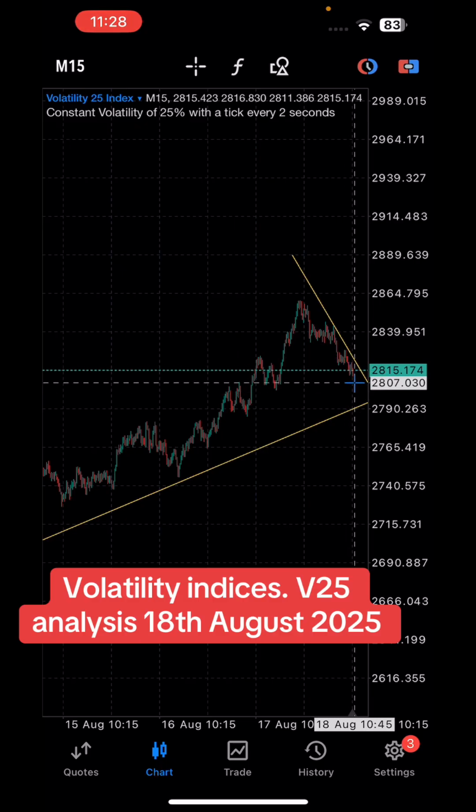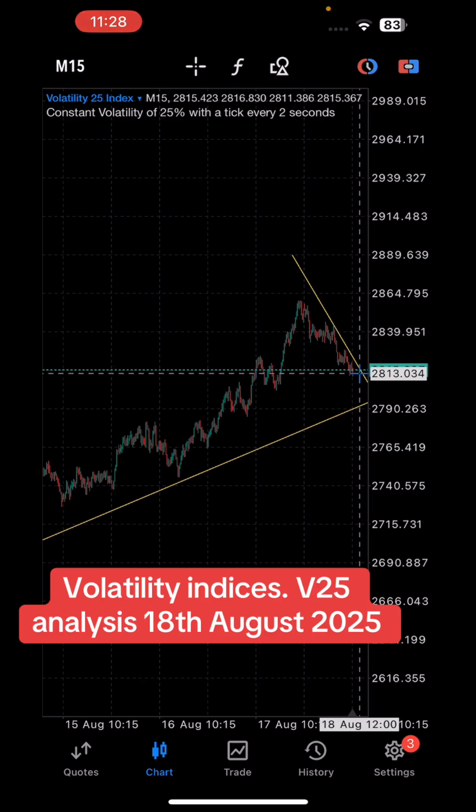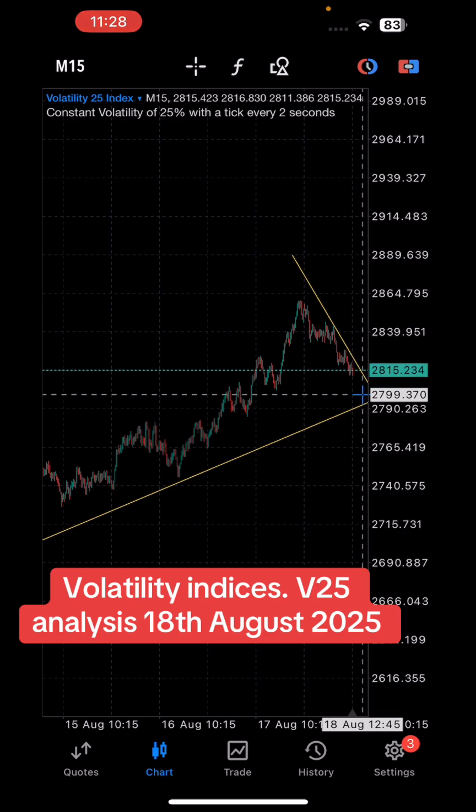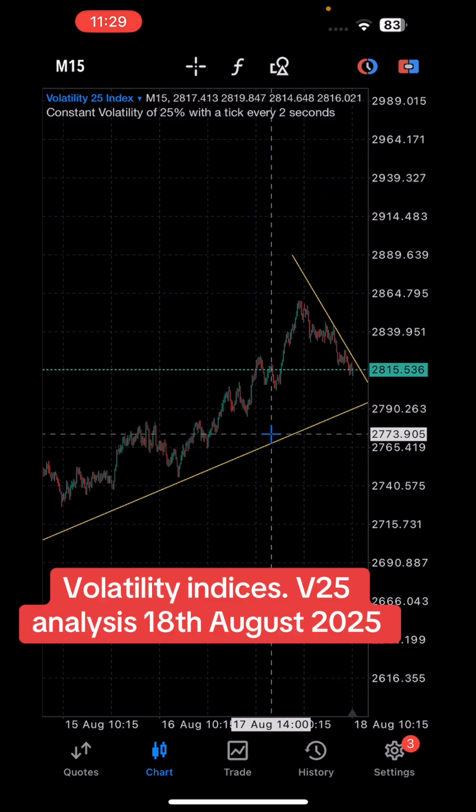You need to allow the market to break out of this trend line and retest before you buy. You don't just buy like that. Even if it gets to this particular place, still wait for it to break out and retest so that you don't get fake breakouts. So guys, I hope this helps.